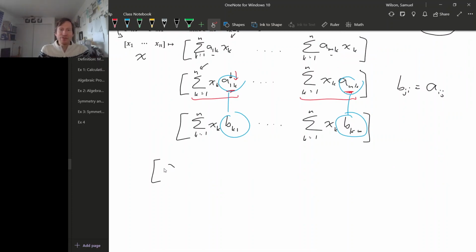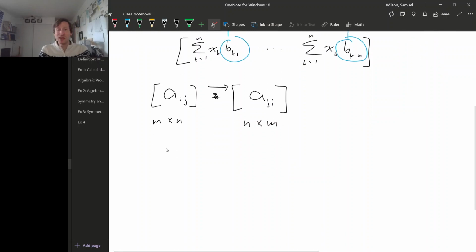Okay, so this gives us our new matrix operation. If we have a matrix with some entries a sub ij, and this is m by n, when we do this matrix operation, what we get is the same entries, except the way they're arranged in columns and rows is switched. And this is n by m. So this operation is called the matrix transpose.